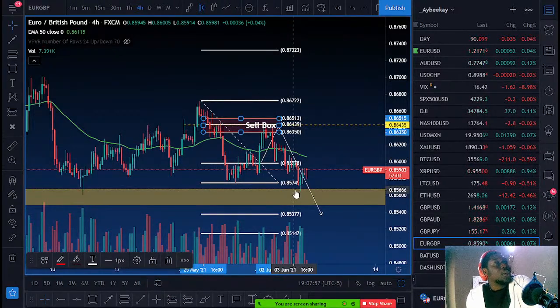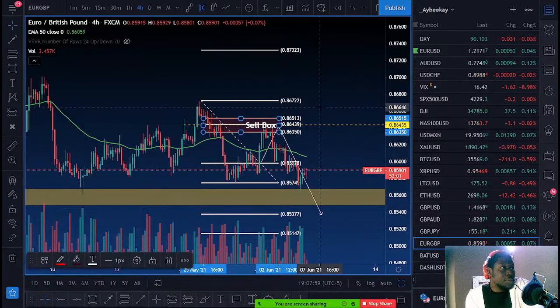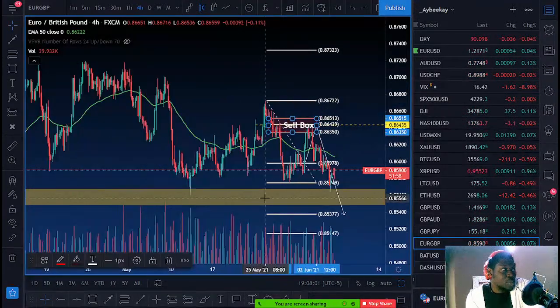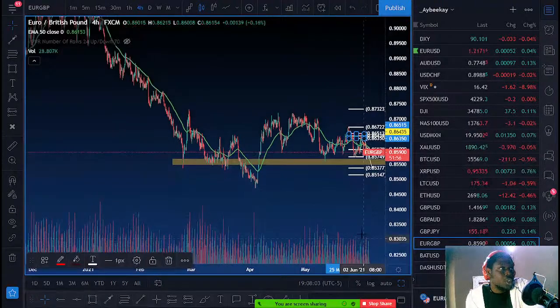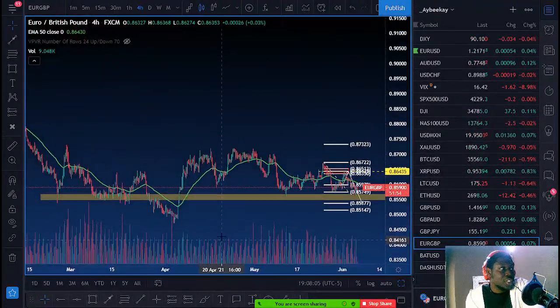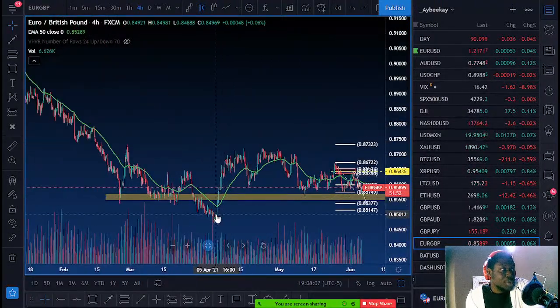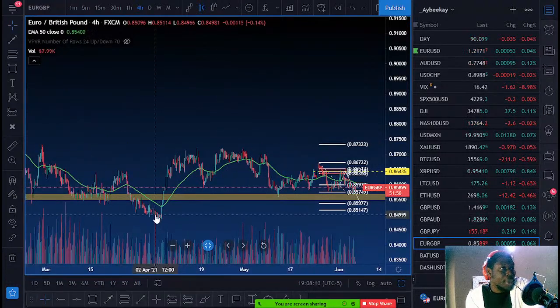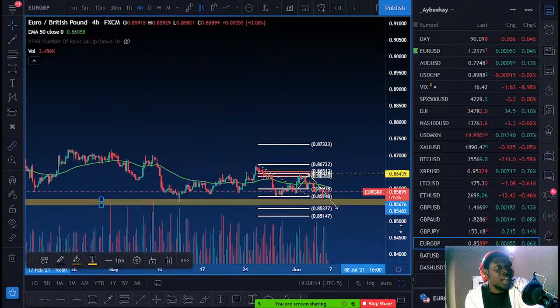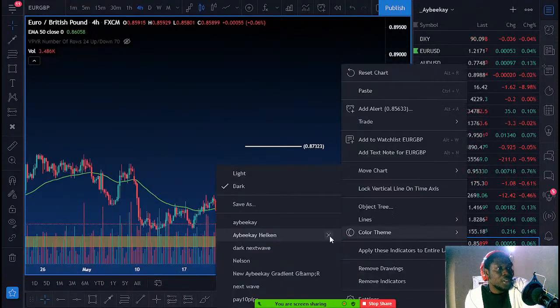I would rather want to see it push to the upside a little bit, since it's just rejecting off of this supply zone, I mean, demand zone would be down here. This demand area, demand zone. Yeah, I'll call it demand zone. You know what? Why not?